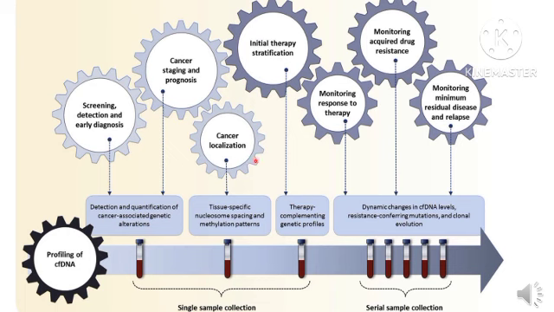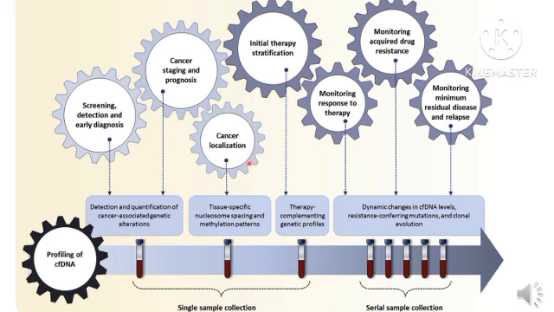Sometimes even IHC may not help in cancers. So in cases of carcinoma of unknown primary, based on the tissue specific nucleosome spacing and methylation patterns which vary from tissue to tissue, based on the patterns we can localize the cancer, we can know the primary.